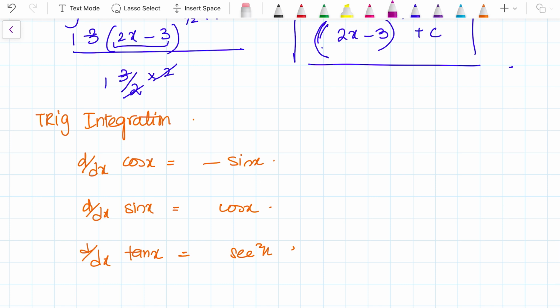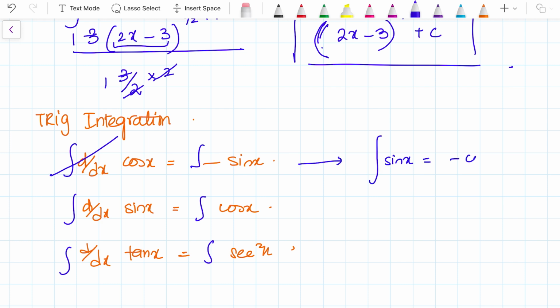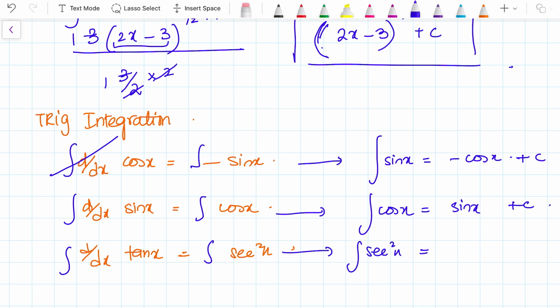Integration is a reverse process. I will introduce integration sign on all the sides. Integration and differentiation cancel out. So we conclude that the integral of sin x is a minus cos x plus c. Integral of cos x is a sin x plus c. Integral of sec square x is equal to tan x plus c.